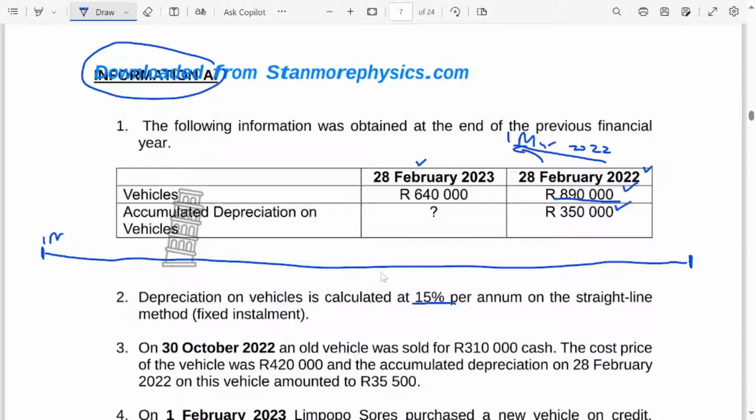The year starts on 1 March 2022, then ends on 28 February 2023. So it's March, April, May, June, July, August, September, October, November, December, January, February.